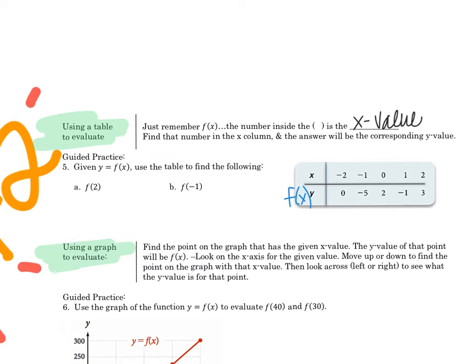So I usually tell them to write that f of x in there. That way, when I find this x value at 2, I know that the f of x value has to be 3. So I know that the coordinate point there is 2.